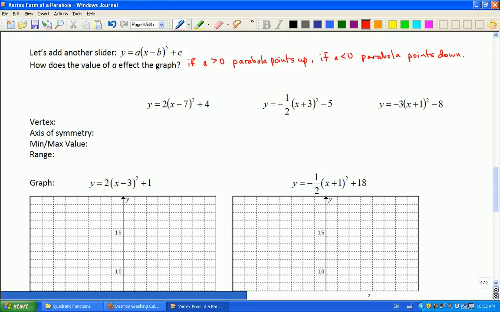The other thing we were saying was, as the value of, and I'm going to use the absolute value here, as that increases, the graph is stretched vertically. And as the value of A decreases, it's shrunk.